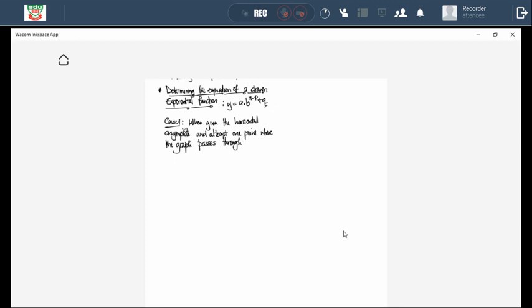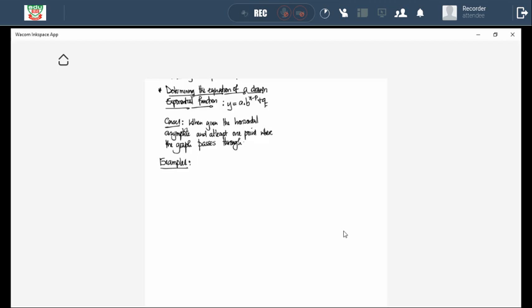This is the only case that you're supposed to consider when you're deducing the equation of a drawn exponential graph. Now, my first example, call it example number 1.